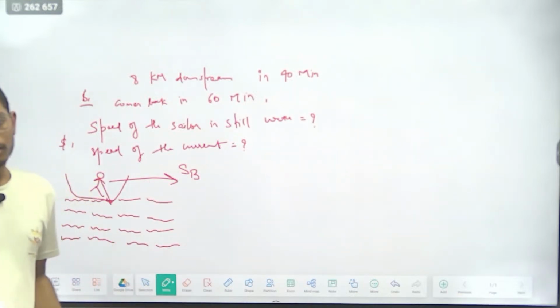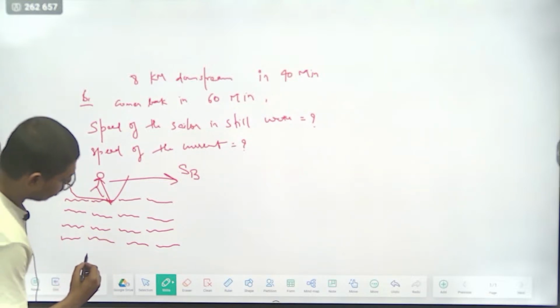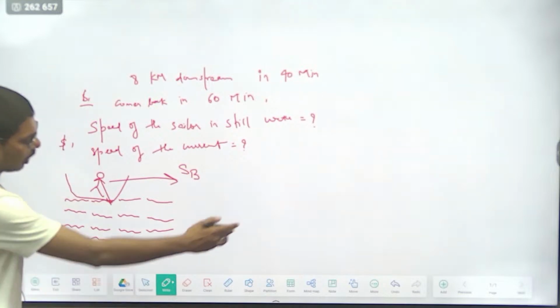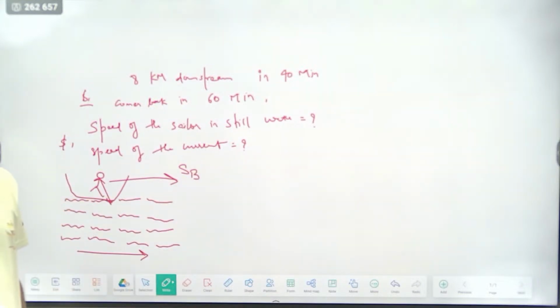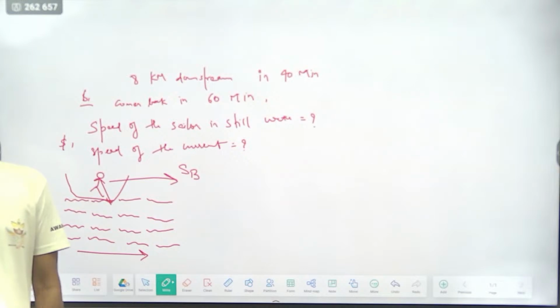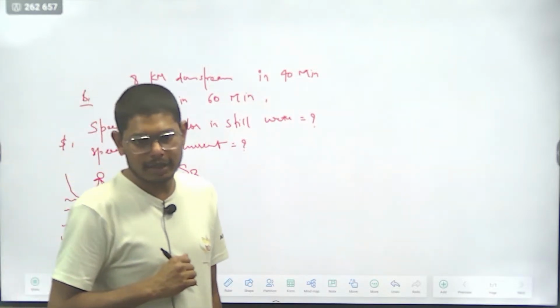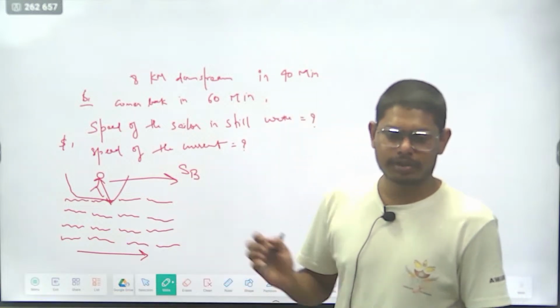Downstream, when we say, it is going along with the current, right? Which means the stream is also going in this direction. Downstream, for example, you want to go to the Bay of Bengal, rowing from the Krishna Kaveri river, something like that. So that is downstream.